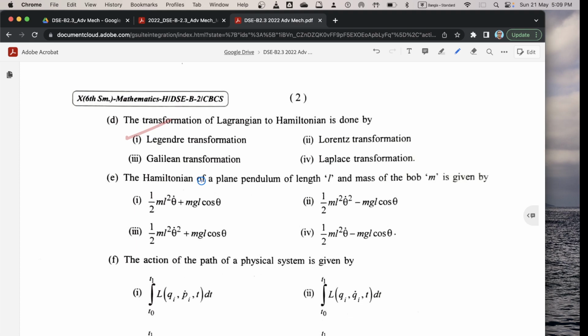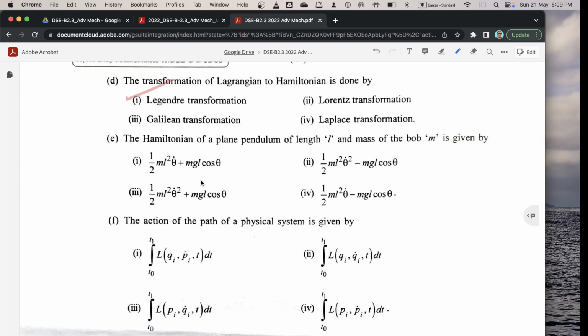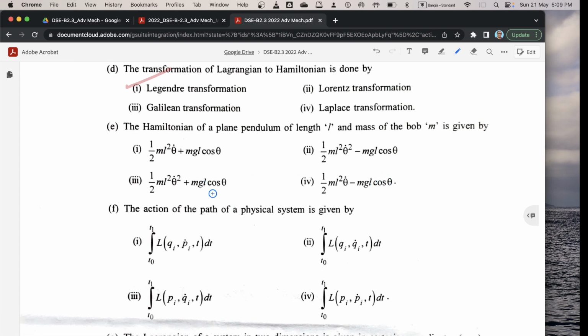Next question. The Hamiltonian of a plane pendulum of length L and mass of the bob m is given by this, but this question has a wrong answer.